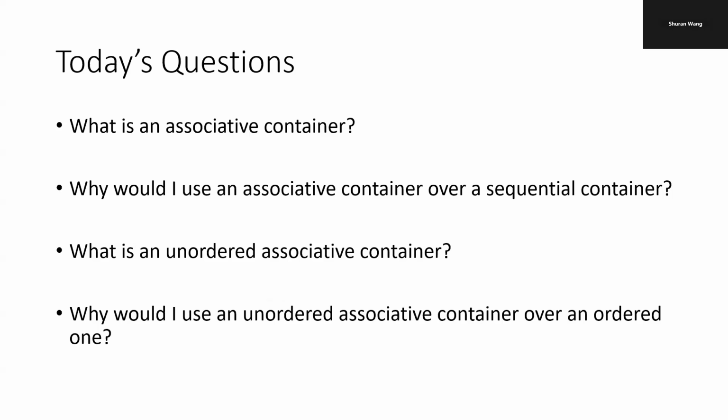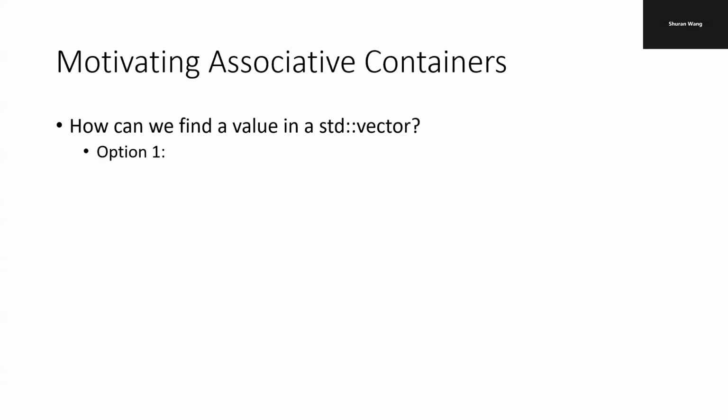Vectors and lists are sequential containers that are essentially 1D. You can visualize it as either a chain or a 1D array. Associative containers are more widely used in a lot of the cases, and there are the unordered associative containers. We'll be covering them one by one.